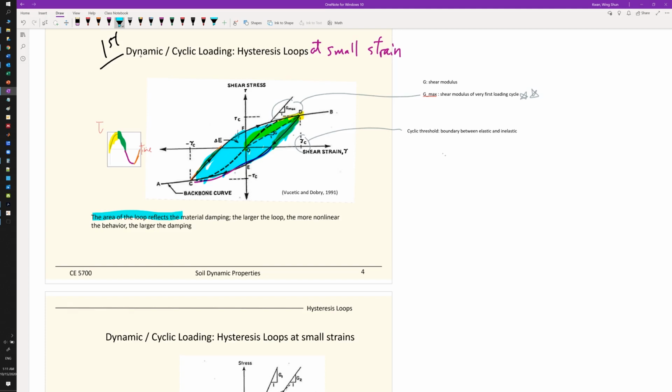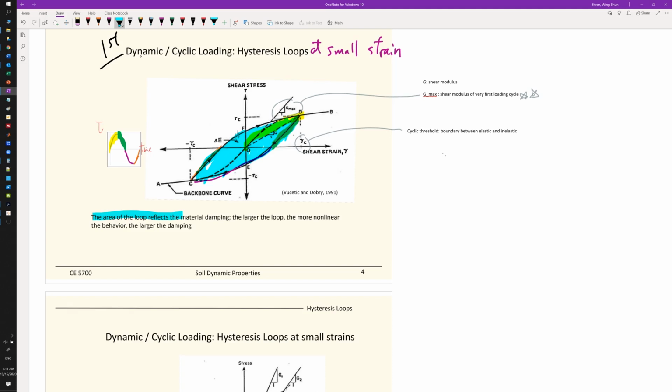To reflect the material damping, from a theoretical standpoint, it is pretty much just the area of this loop. So the larger the area of the loops, the softer or the more damping the material is, and the more nonlinear it will be.